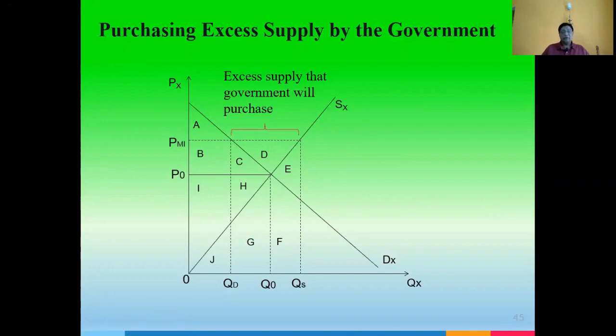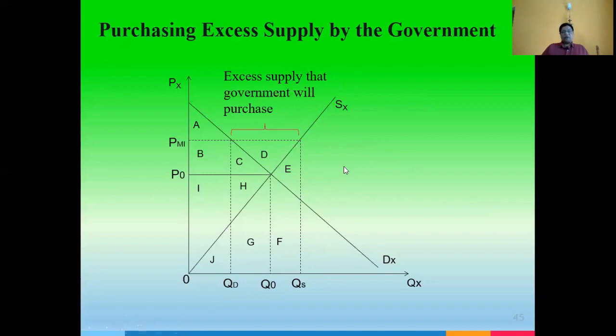That is given by the area of C, H, G, F, E. You can see this is the social cost or deadweight loss of this program. Okay, C, H, G, F, E. That is the deadweight loss of this policy package.